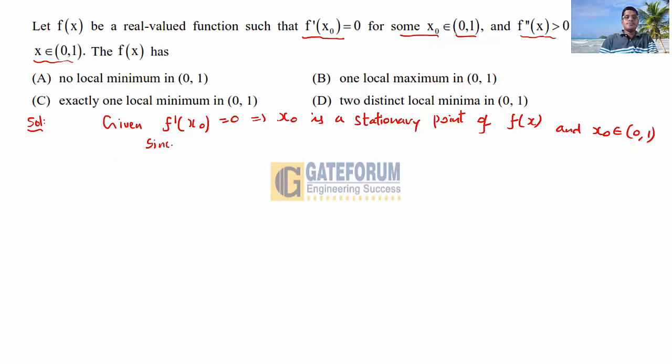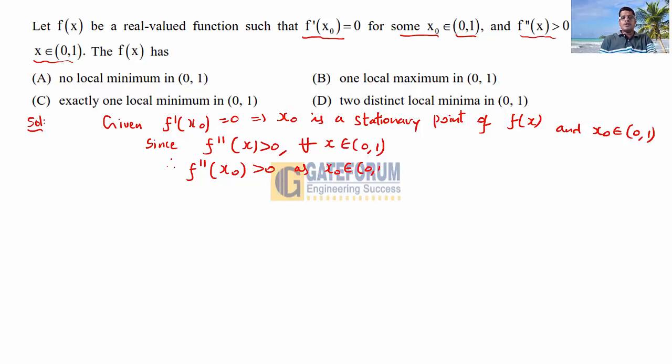Next, since f double dash x greater than 0 for all x belongs to open interval 0 comma 1, that means for every number x between 0 and 1 the second derivative is greater than 0. x naught is one of the points belongs to 0 comma 1. So there f double dash x naught greater than 0 as x naught belongs to open interval 0 comma 1.